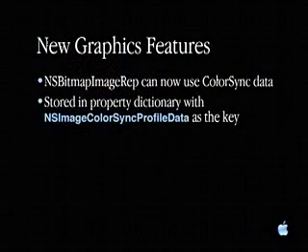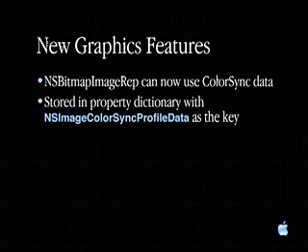NSBitmapImageRep also has some new support for using ColorSync data. The particulars of this go like this. NSBitmapImageRep has a dictionary of sort of arbitrary information that can be attached to it.